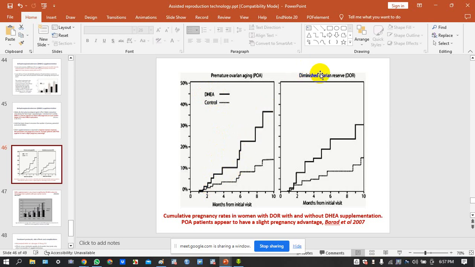And women with diminished ovarian reserve also, the cumulative pregnancy rate will be high. So it's very good if you want the woman to be pregnant, then you add dehydroepiandrosterone to improve the luteal phase. And the luteal phase has to do with what? Luteinization, or the growth of the endometrium, proliferating with glands, proliferating with red blood cells, proliferating with glycogen and lipids.